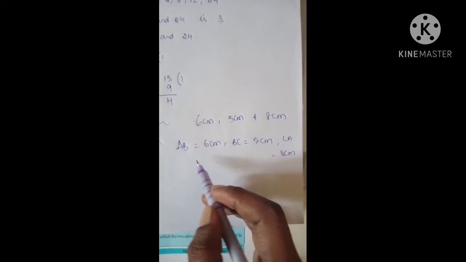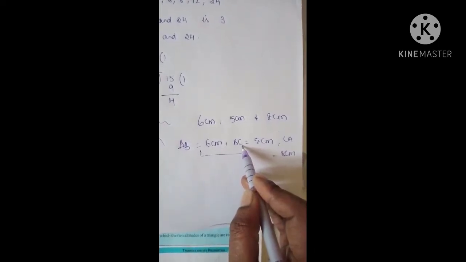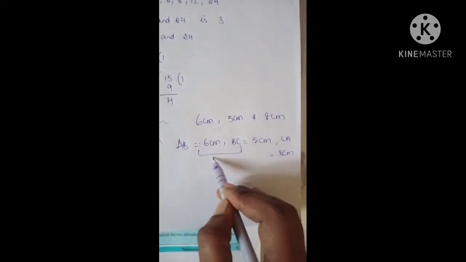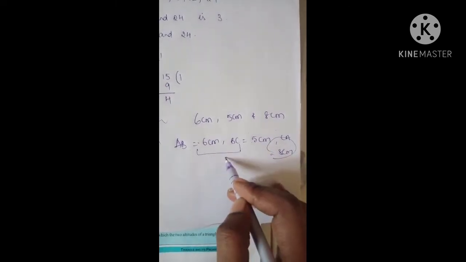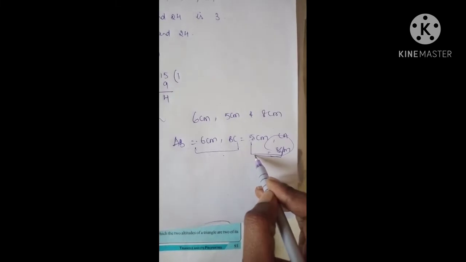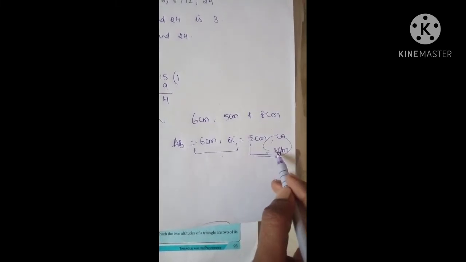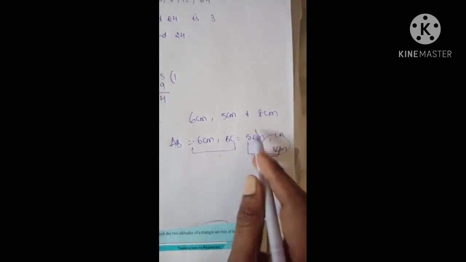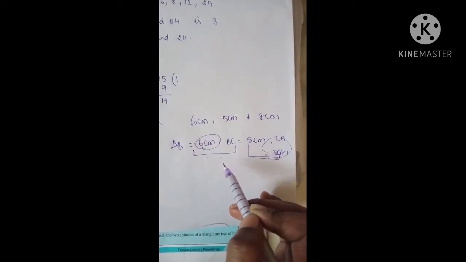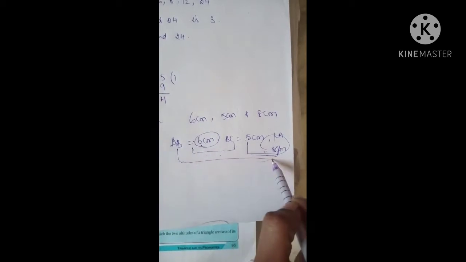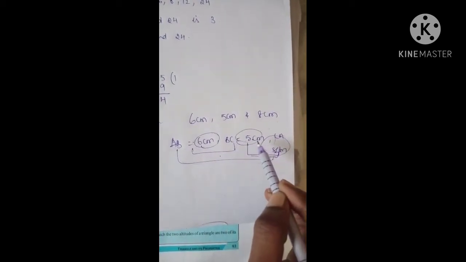If you add two sides, the sum should be greater than the third side. Like that you have to check. Clear?